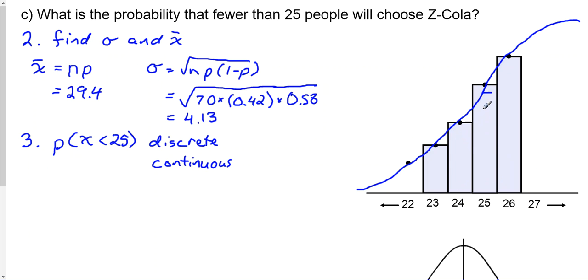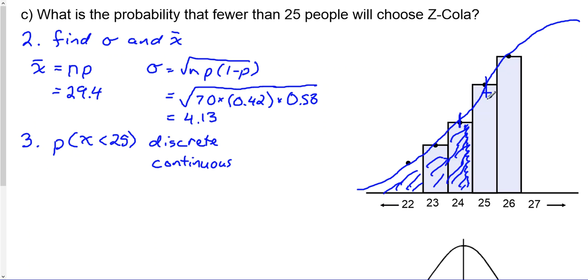So we don't want 25 here, but we want everything here, and here, and here. We want all of this region shaded in blue. But if 24 is right at this dot, using 24 as our value is going to leave off all of this stuff on the right hand side.